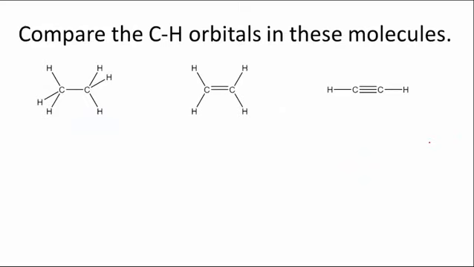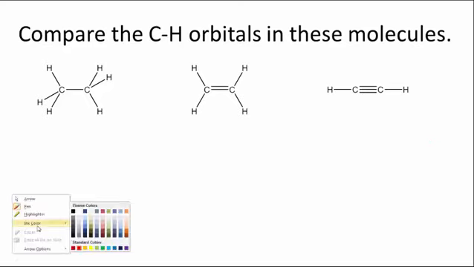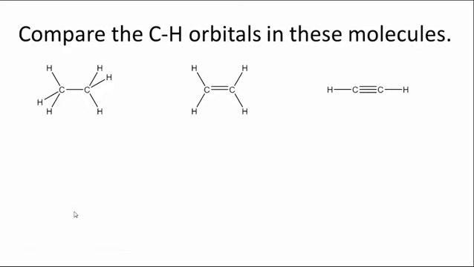So, for instance, if we wanted to compare the sigma CH orbitals in these, we would probably say that the sigma CH orbitals from this ethane, which is on the far left, what kind of hybridization does the carbon have?